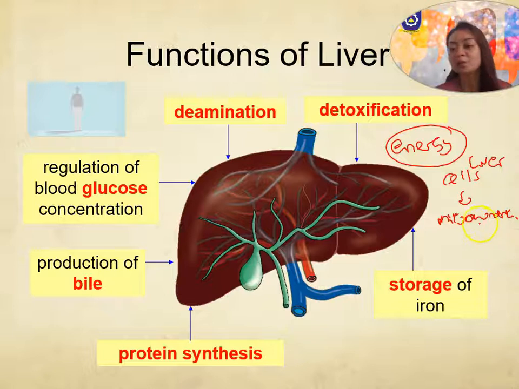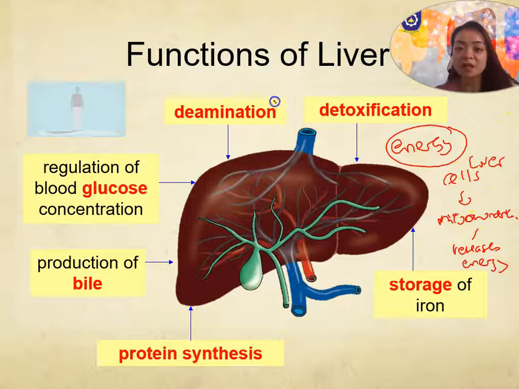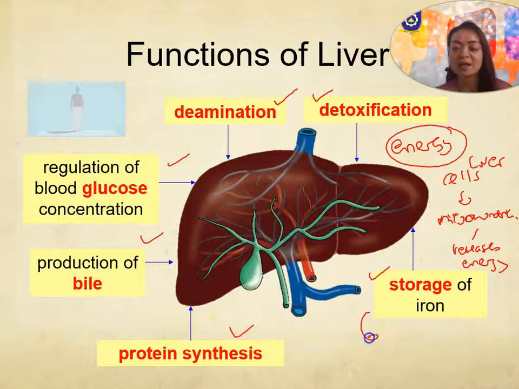Now we know what a mitochondria does, right? The mitochondria basically releases energy. So why must a liver cell have a lot of mitochondria? Because the liver cells carry out 1, 2, 3, 4, 5, 6 activities, which is a lot of activities. So it requires a lot of energy, and that's why every liver cell has a lot of mitochondria.